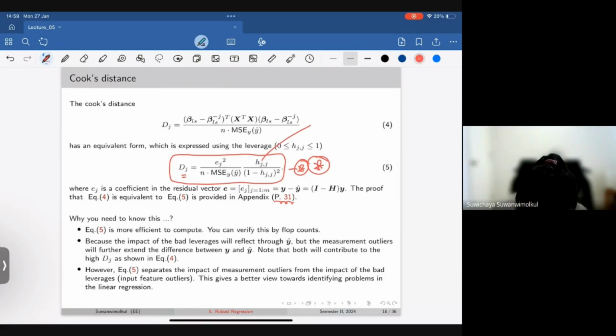So it's more efficient to compute, and you can verify it by yourself, because I have the code for you. You can try different ways, but I recommend that the easiest one is probably to program this line.